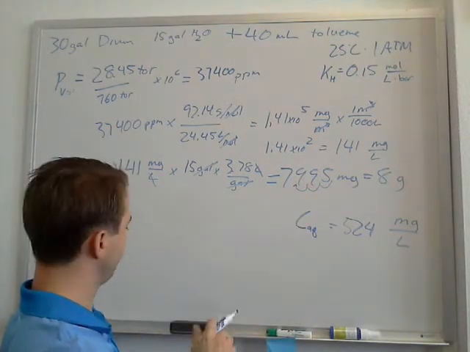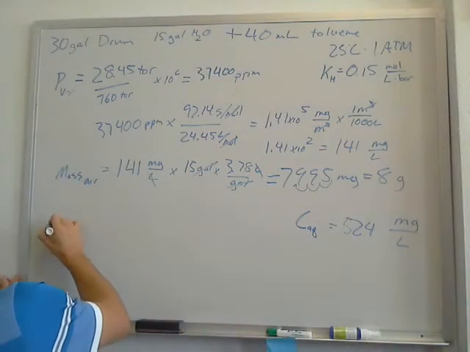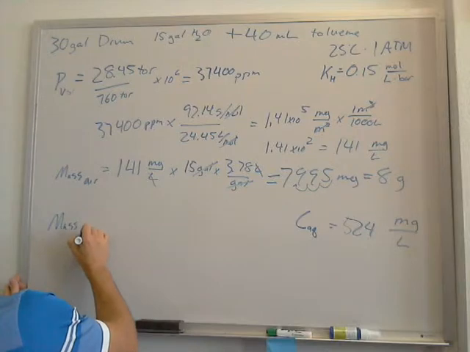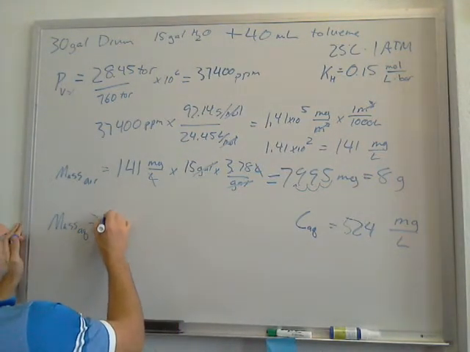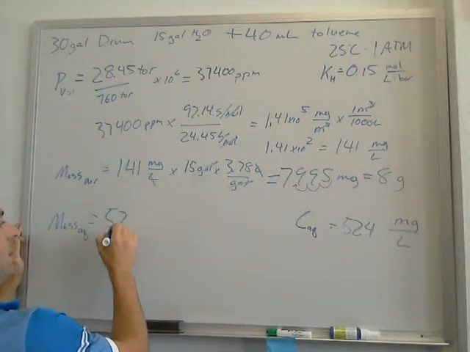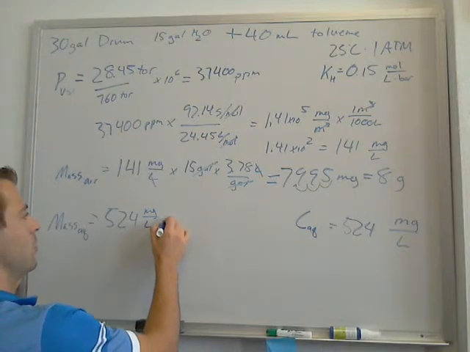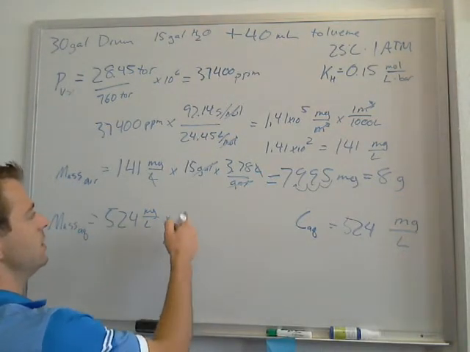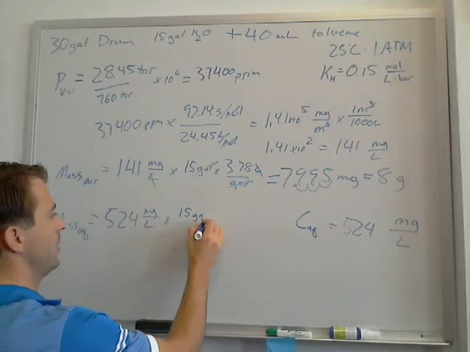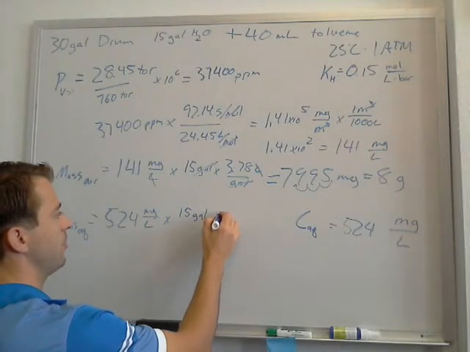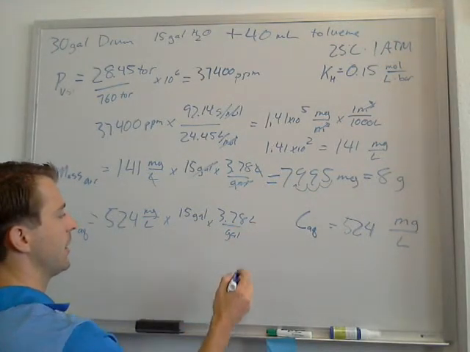So we have 8 grams in our air, and then the mass in the aqueous phase is going to equal the same thing. The concentration in the aqueous phase, 524 milligrams per liter, multiplied by the same volume, so times 15 gallons times 3.78 liters per gallon.